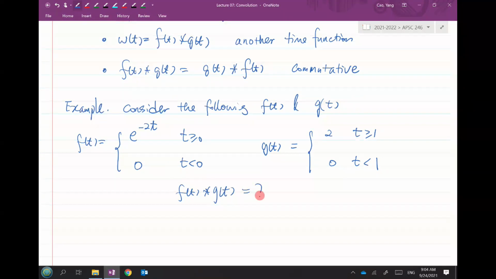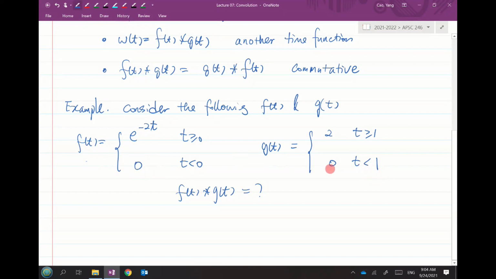This is just the piecewise function I was referring to, and you can clearly see that both functions here are causal, because for the first one, when t is less than 0, it's 0, and for this one, when t is less than 0, it's also 0.